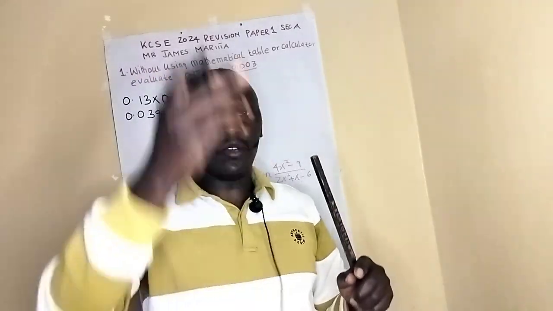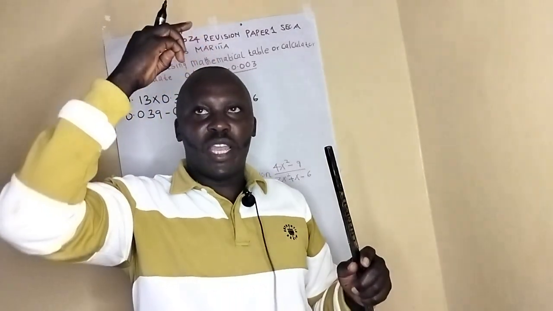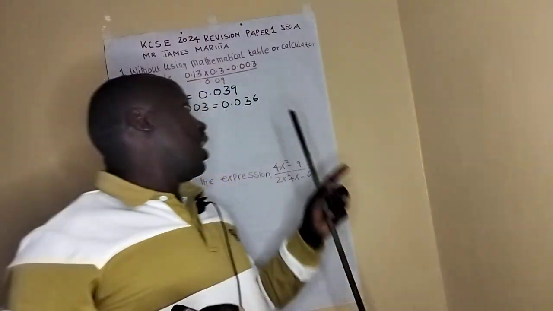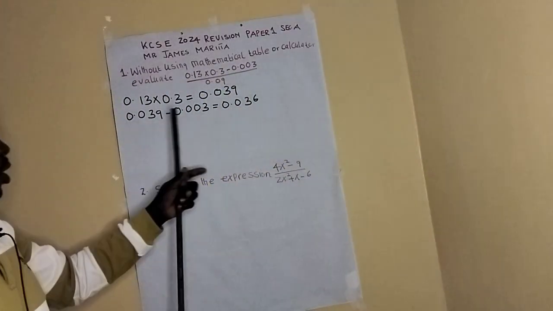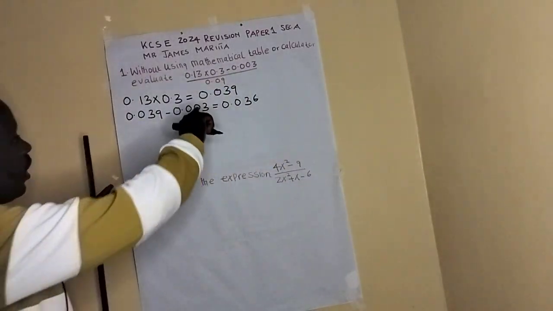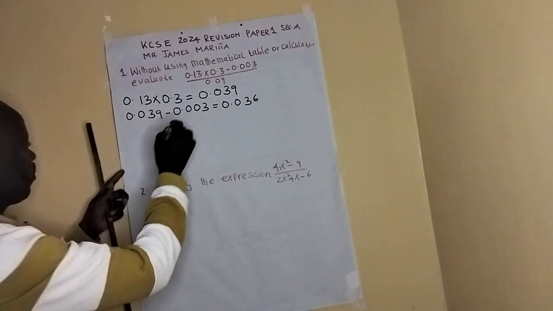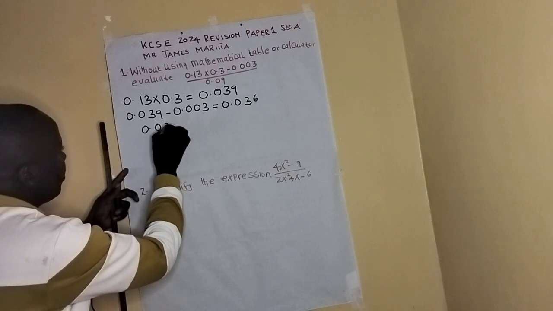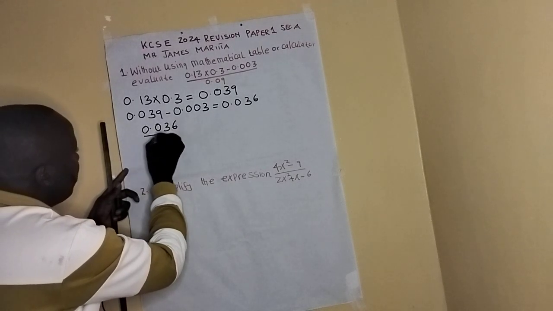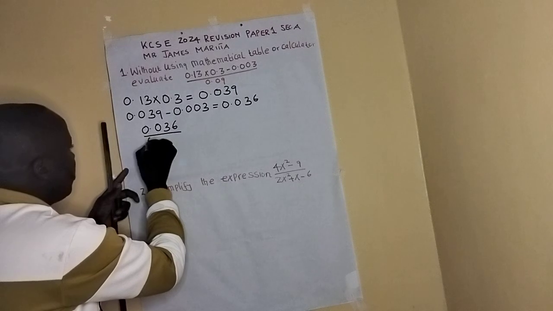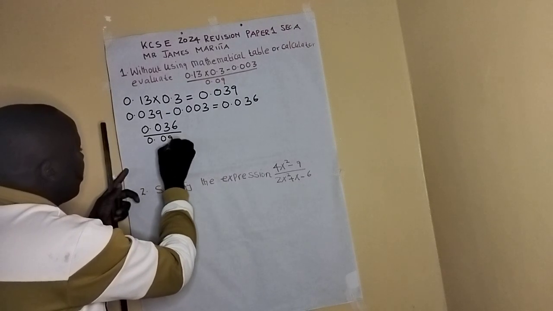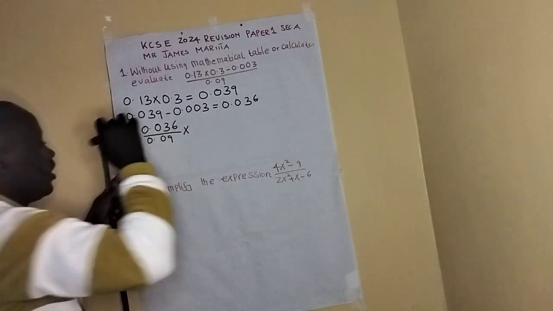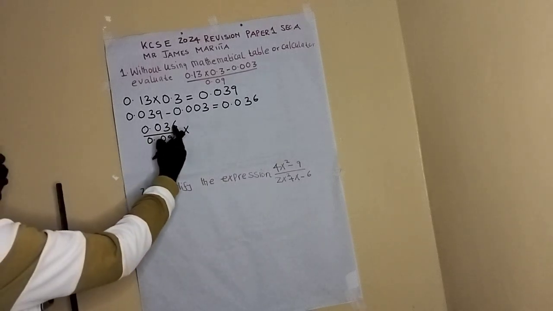I've said that we have multiplication, we have subtraction, and of course now we have division. So finally we can use the operation of division, which is 0.036 divided by 0.09. You can see from here we have 1, 2, 3.